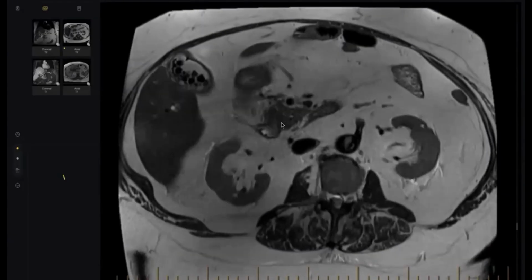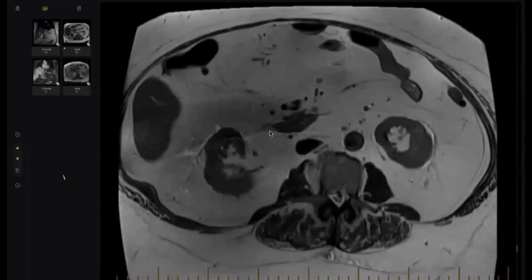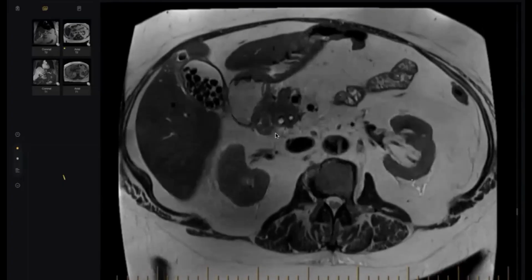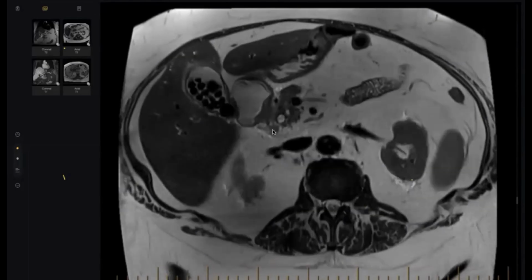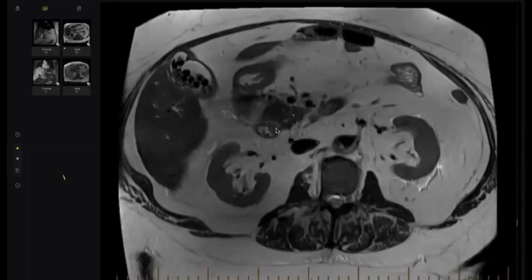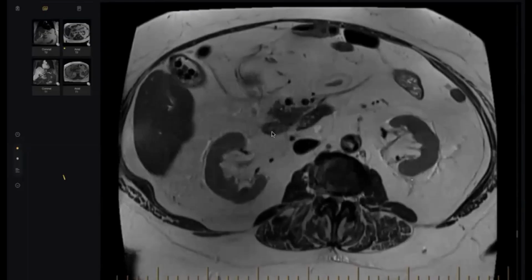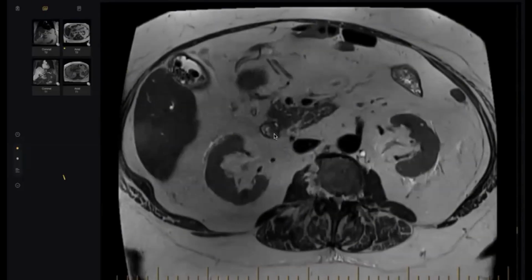Where is this thickening? Which thickening is on this slice? Here, I think there is mild thickening, luminal narrowing over here.